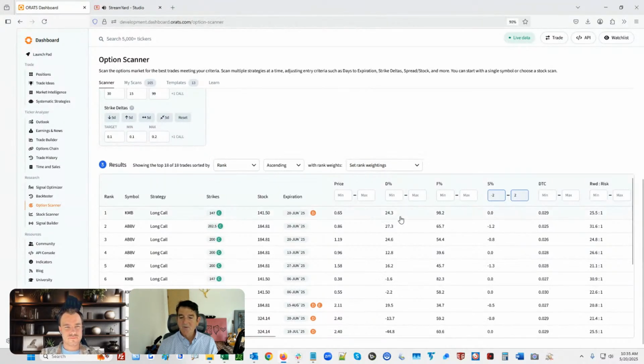But what we're saying you want to do is get as many things in your favor as possible. And the way to do that is to start with the biggest pie you can, and ORATS allows that by having a stock scanner that helps you narrow down the symbols, find the symbols that meet your criteria that you think could move, and then start looking at theoretical values.